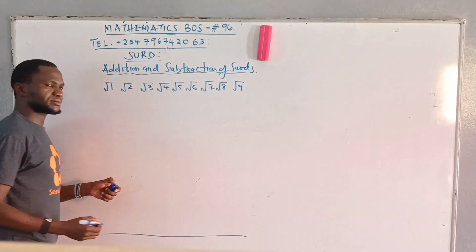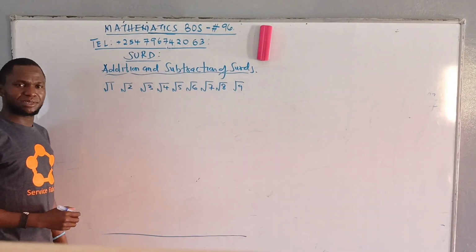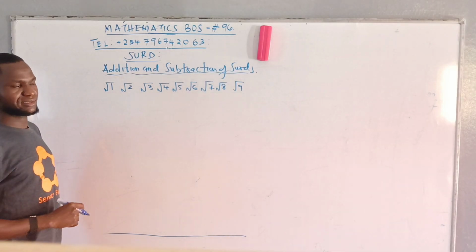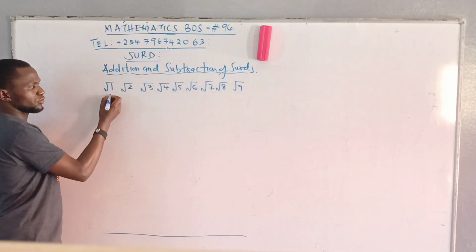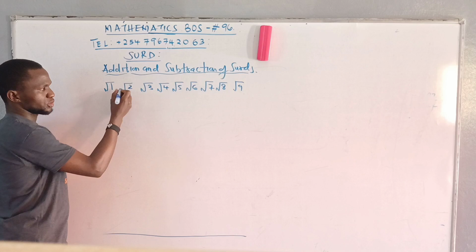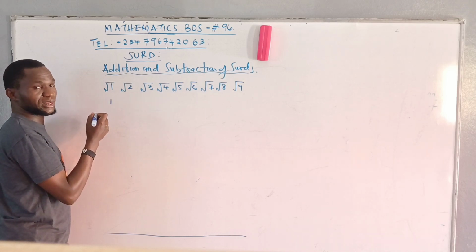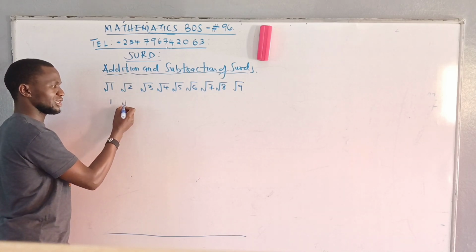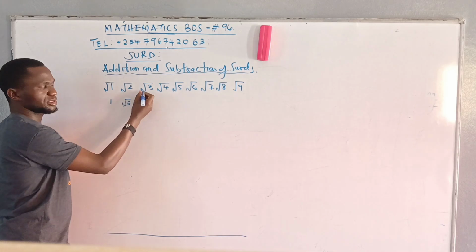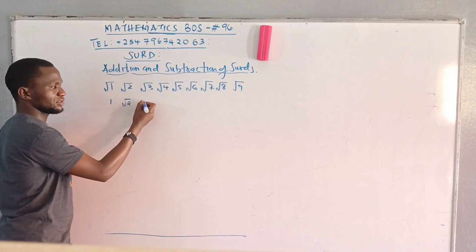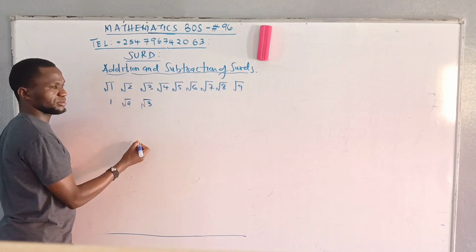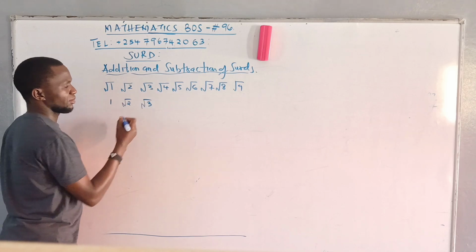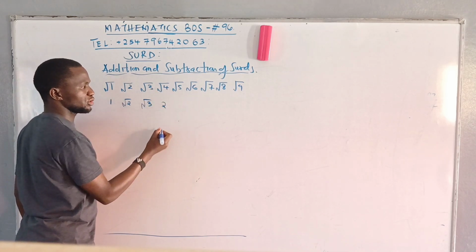Let us find the square root of these numbers, and we want to get exact answers. Exact value. Square root of 1 is 1. Square root of 2 does not have an exact square root, therefore I'm just going to write it as root 2. Root 3, we don't have a square root of 3. It's going to be root 3 because we need an exact answer. Root of 4 is 2.